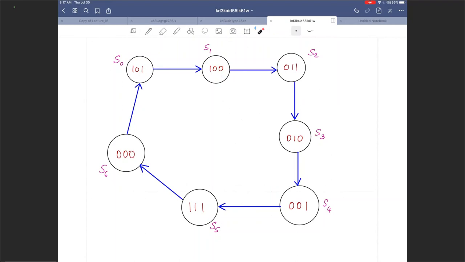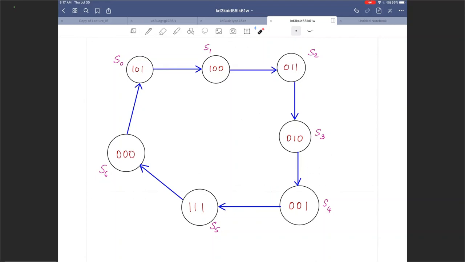This is an arbitrary choice because I'm just naming those states. So typically in a state diagram, you will see capital S being used to indicate state, and then the subscript being used to indicate the number of that particular state. So right away, you know that we have seven different states involved in this state diagram, and we are using the arrows to indicate transition.